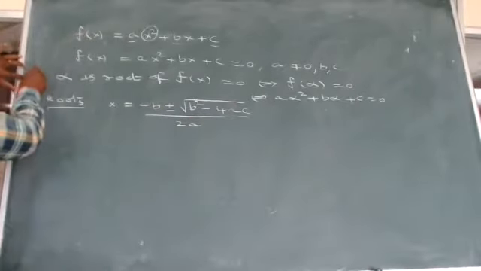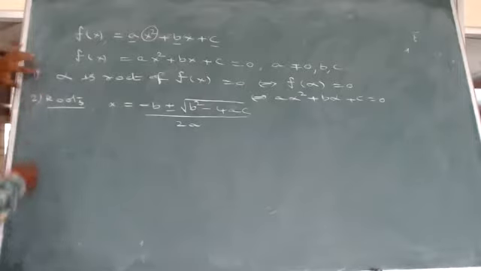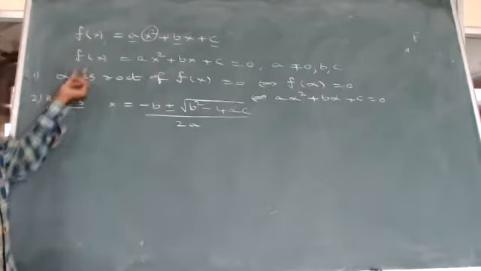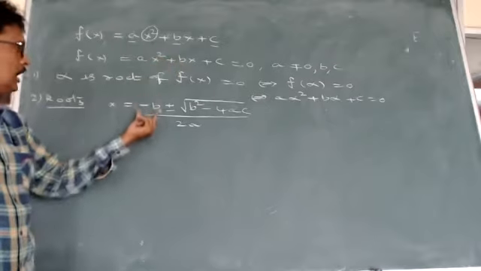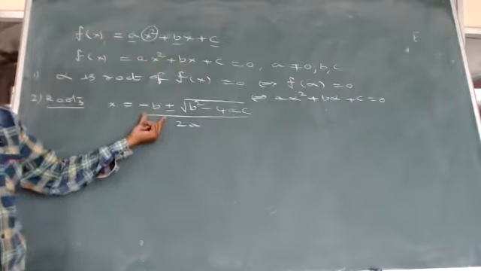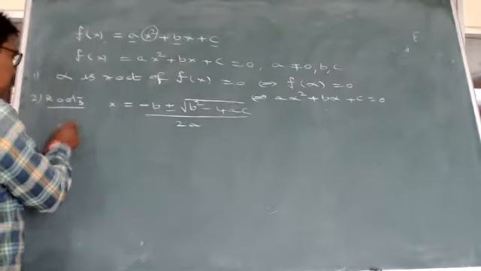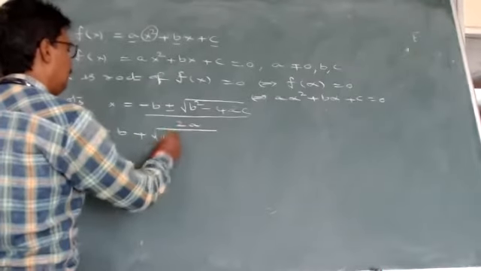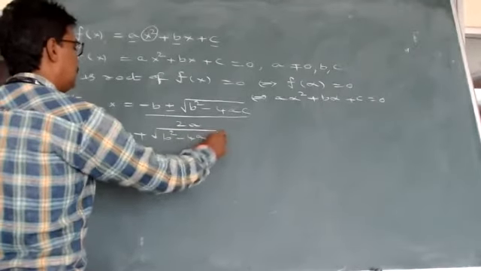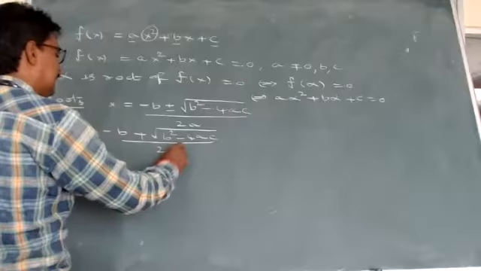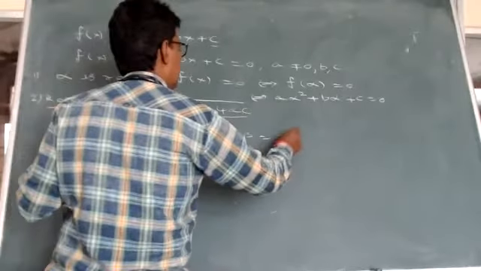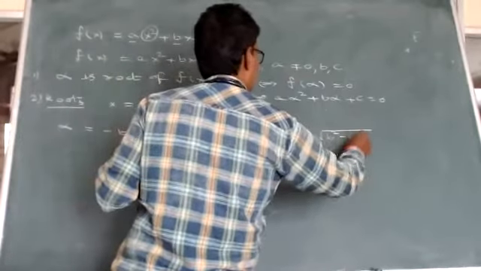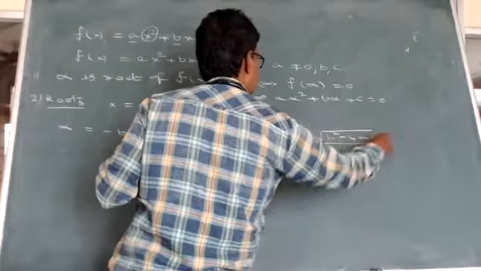Number one, alpha is the root, then f(alpha) is 0. Number two, since it's a quadratic equation, we'll get two roots. Let the two roots be, first root alpha equal to minus b plus root of b square minus 4ac by 2a, and the second root beta is minus b minus root of b square minus 4ac by 2a.